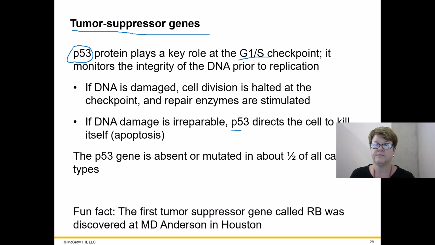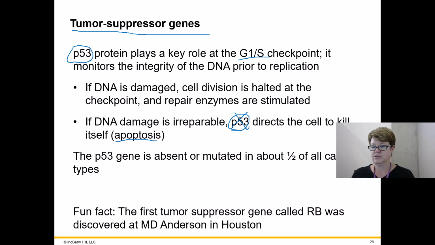But if the DNA is not repairable, then P53 will direct the cell into apoptosis. But if P53 is mutated, then the cell can't go into apoptosis, and then the only option is just to keep dividing uncontrolled. So it's just a doozy of a mutation. About half of all types of cancer will have a mutation in the p53 gene.